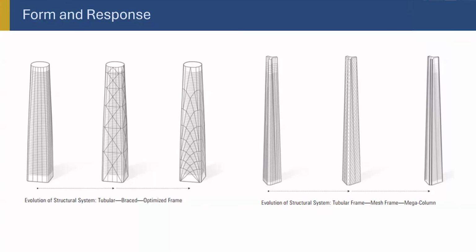So it's an evolution from simple tube to braced tube to diagrid, an evolution from tubular frame to mesh to mega columns. So two directions. Start with a simple tube or simple column and beam, add diagonals, and it becomes a diagrid. Or start with a simple tube, change the shape, and then you come to the mega column concept. Just remove things and move out.